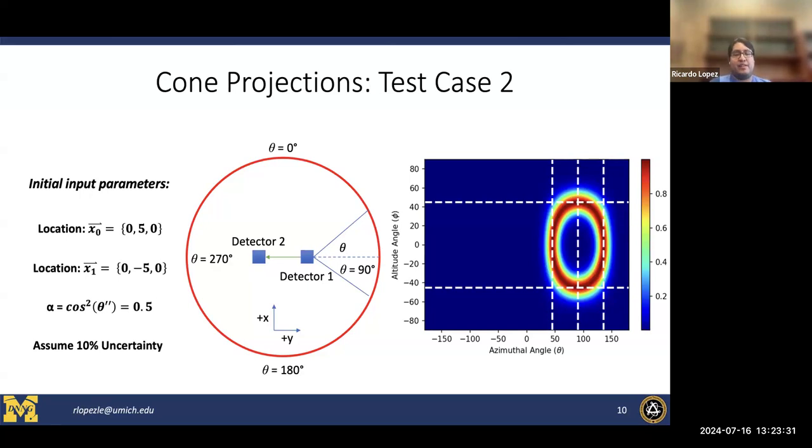That could easily be seen by the fact that the alpha term is still 0.5, i.e. hasn't changed. But now it's just shifted from being centered at an azimuth angle of 0 over to positive 90 degrees, which in this case will correspond to the right-hand side of the two different detectors.